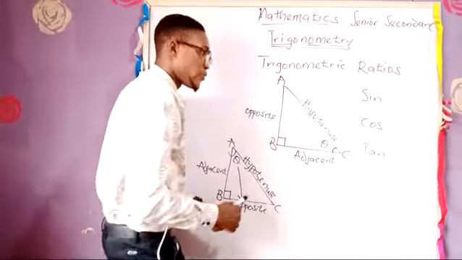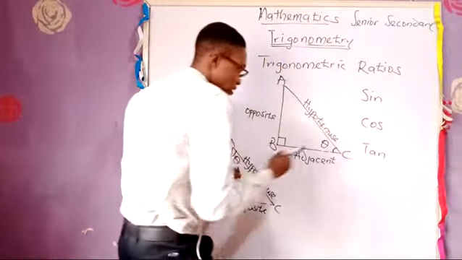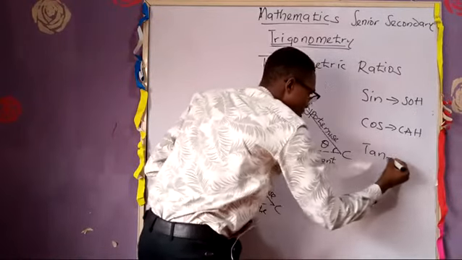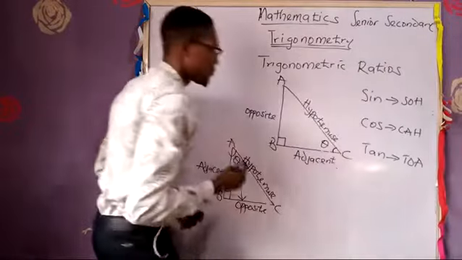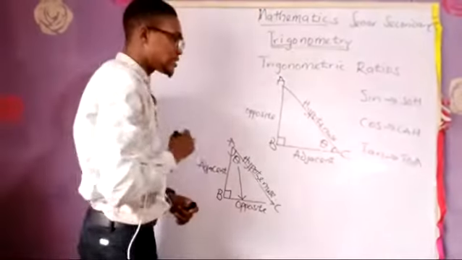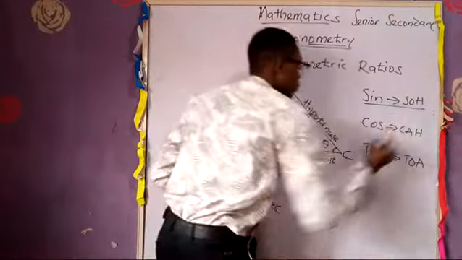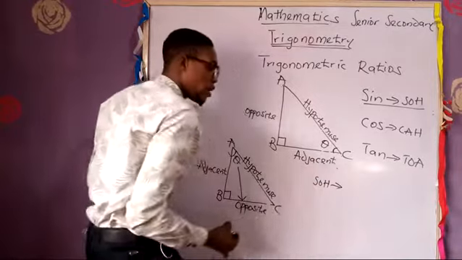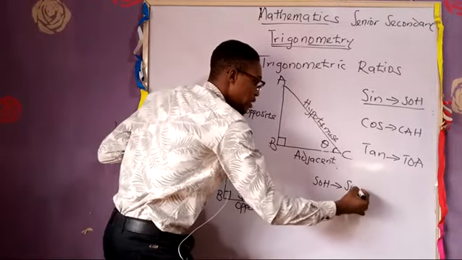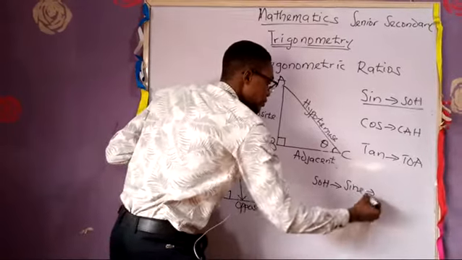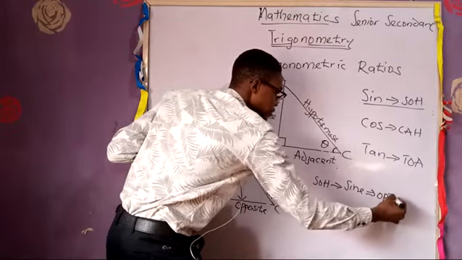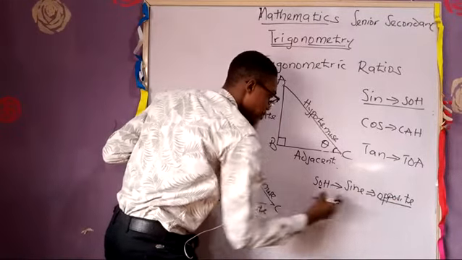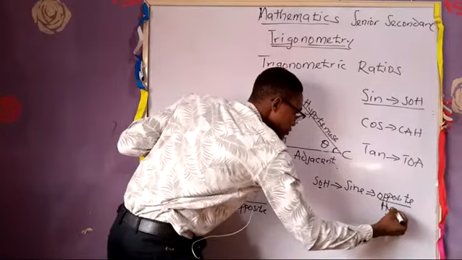When I was in school, to grab it very fast, we use what is called SOH, CAH, TOA. Sine is opposite over what? Hypotenuse.